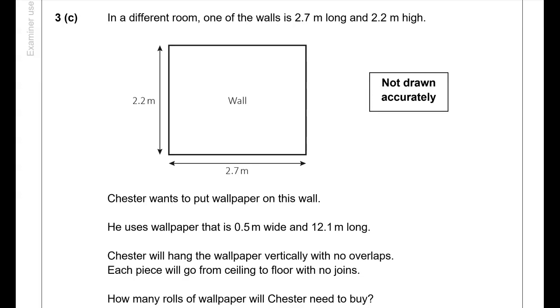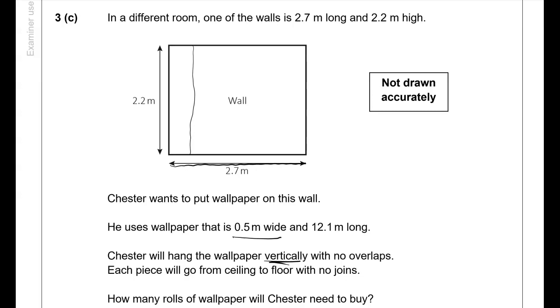So he will hang the paper vertically. So it's going to go like this. So that would be 1 strip in there. And the width of it is 0.5 meters, so half a meter. Now, this total length is 2.7 meters.